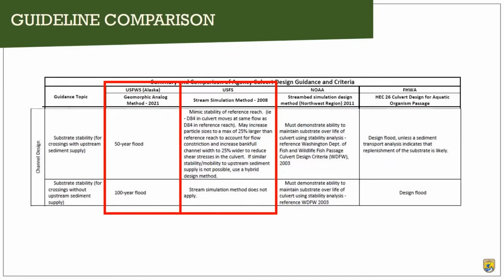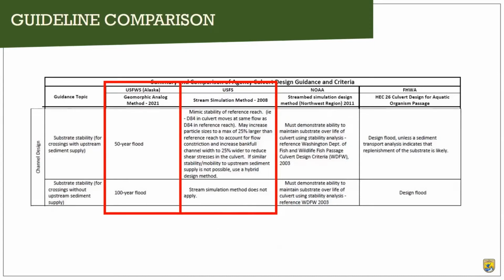We find it a little more straightforward in our guidelines. We just went with design for the 50-year flood or the 100-year flood, depending on your upstream sediment supply. And the Forest Service guidelines basically say if you don't have any upstream sediment supply, their method does not apply. So really understanding the mobility of that upstream sediment is important.